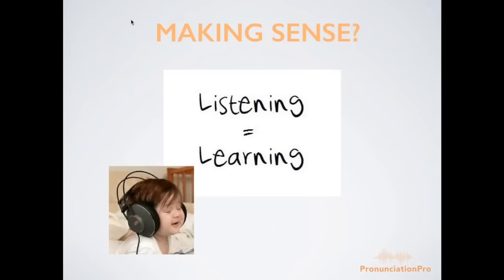There really is a connection between disconnecting from the spelling of English and concentrating on the listening. What do you hear from native English speakers? What are you hearing when they say certain words? Hearing is the first step.